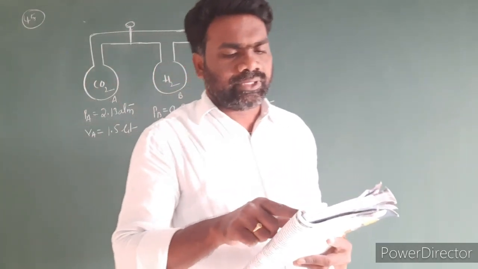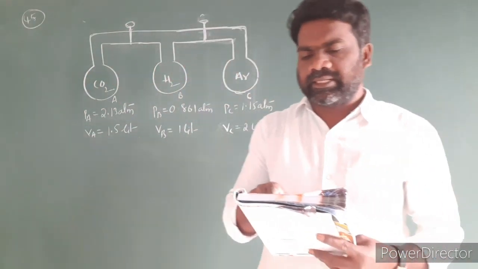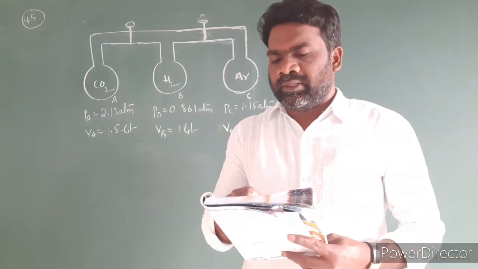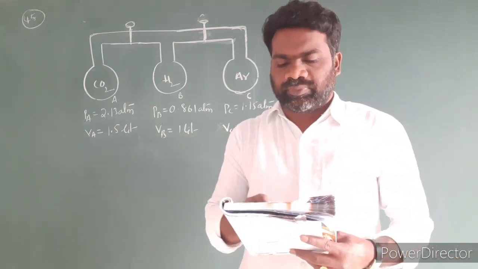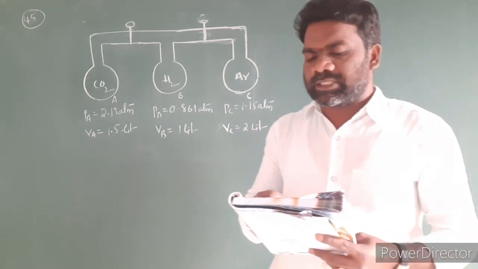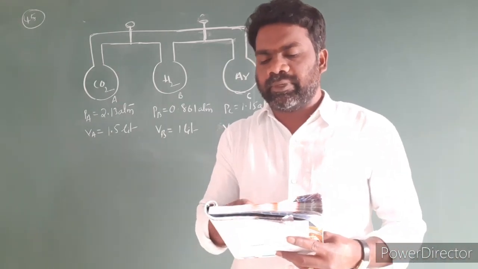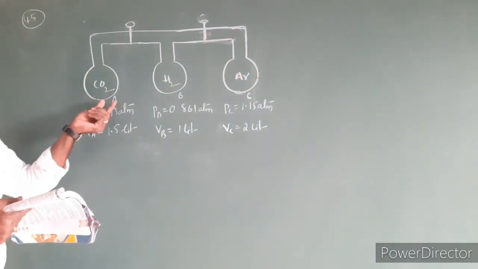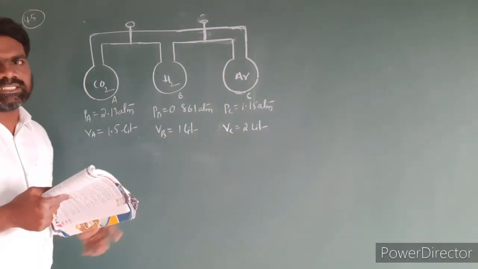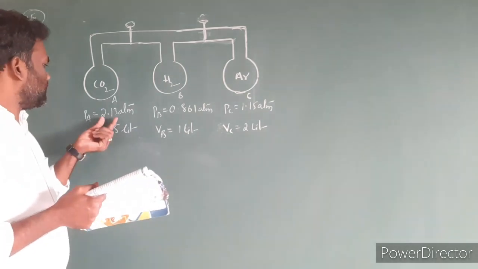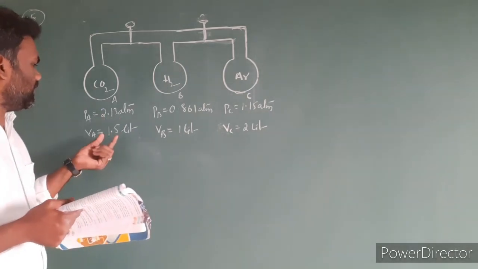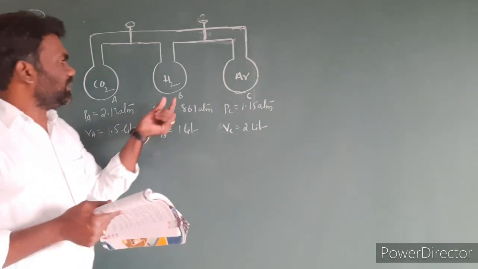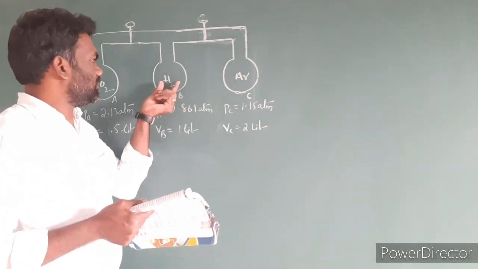The apparatus shown consists of 3 bulbs connected by a stopcock of negligible volume. The temperature is constant. When all the stopcocks are opened, the pressure in bulb B will be? Some more data is given. In bulb A, carbon dioxide gas is filled. Its pressure is 2.13 atmosphere and its volume is 1.5 liters. In bulb B, hydrogen gas is filled.